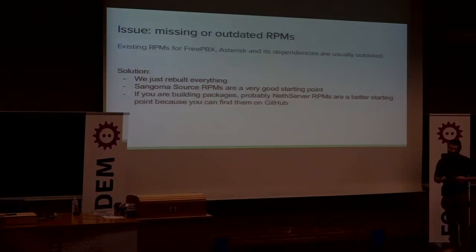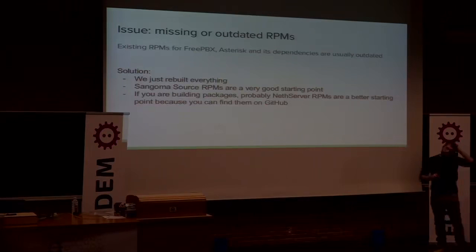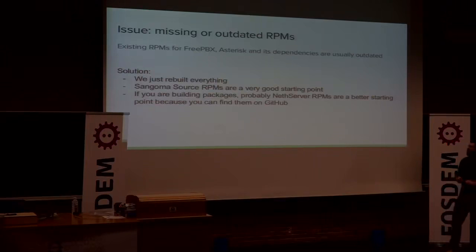It's not very easy to take them because the repositories aren't browsable, but if you want to start doing this now, you will probably want to take a look at our GitHub, where we have all our source RPMs, and we already took the best that we could from other packages.